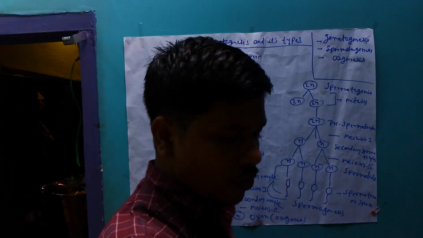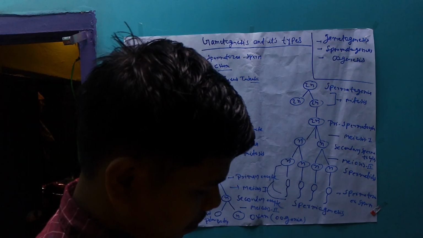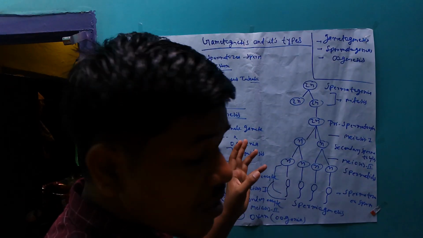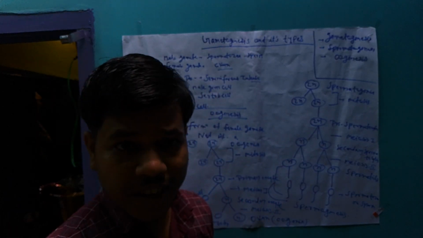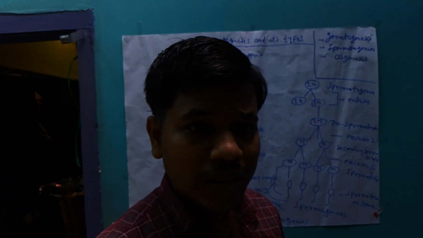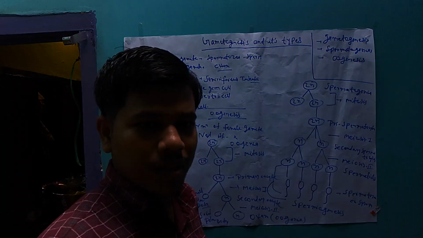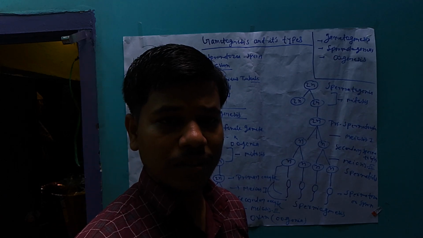Finally we got the ovum. This is the total process of oogenesis. Oogenesis is initiated at early embryonal development. Formation of ovum is till birth, not after birth.